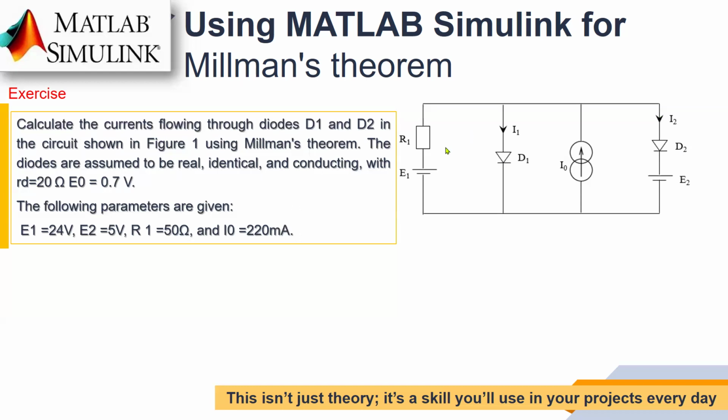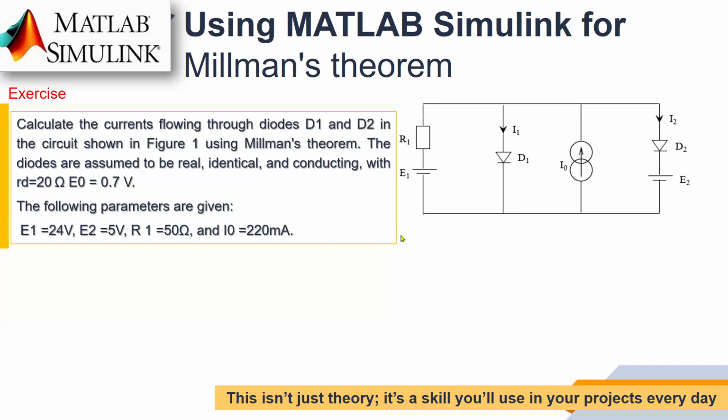Then you can use other theoretical calculation to find the value of the current flowing through diode number 1 and diode number 2. Or, if you want to compare your result and check its accuracy, you can use the software MATLAB Simulink. So you can implement your circuit in MATLAB and compare your result with theoretical calculation.